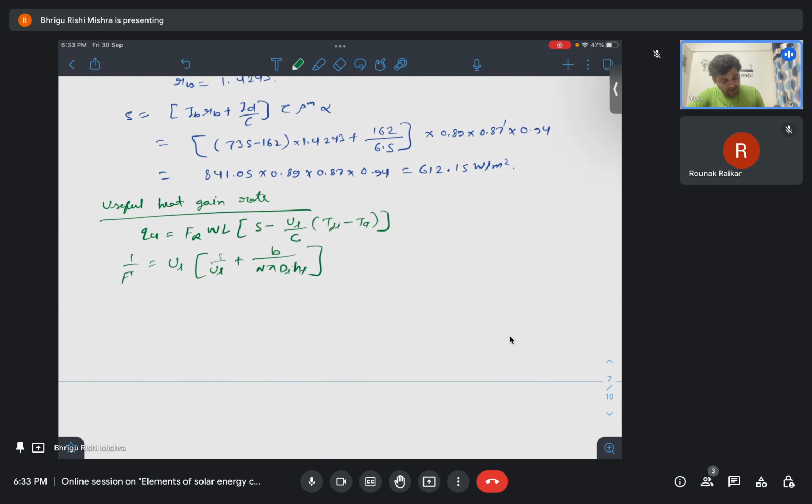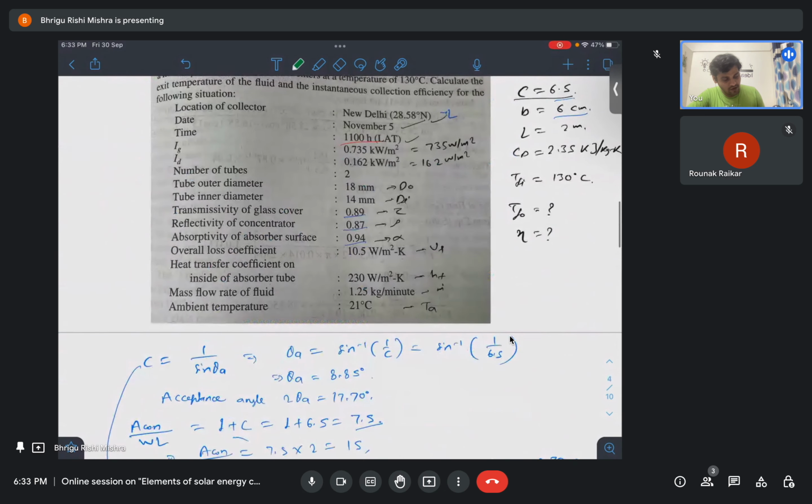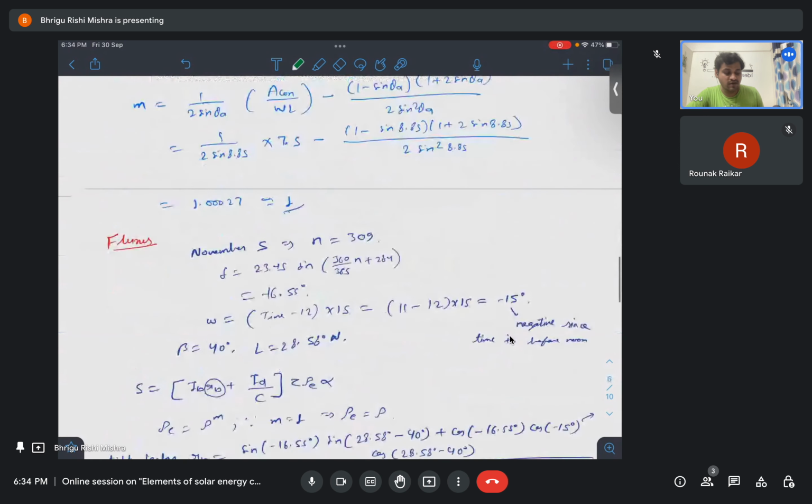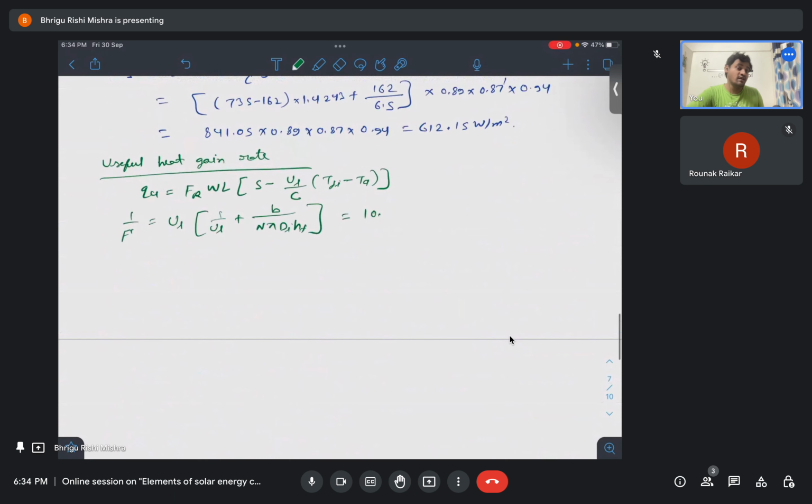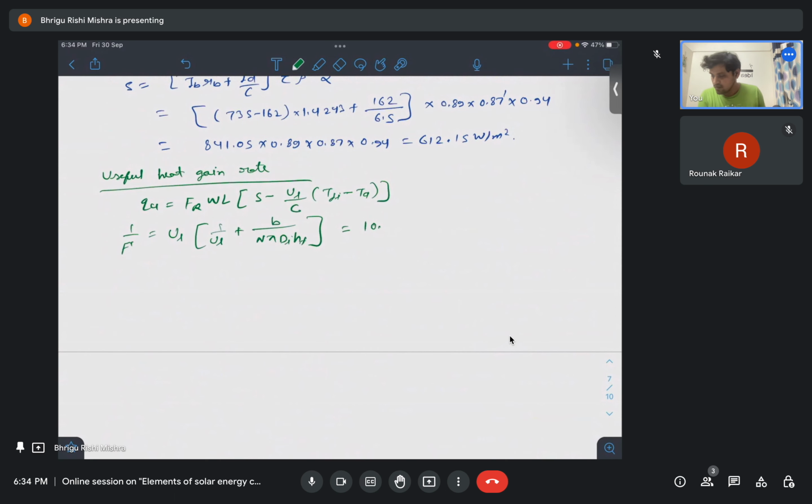So putting all the values, UL is given here, the overall loss coefficient, 10.5 watt per meter square per Kelvin. And also while solving these questions, please make sure that the units are correct, because some are in centimeters, some are in millimeters, and some are in meters. So you need to be consistent, otherwise you will get a lot of different answers, okay.